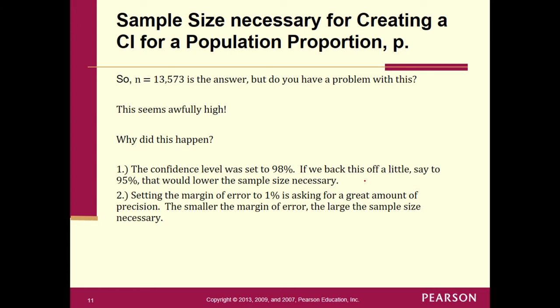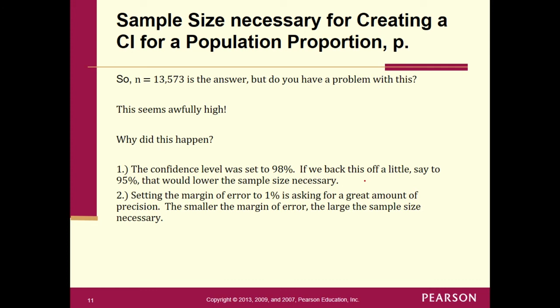You're saying that when you collect your sample and get p hat, you want p hat to be within 1% of the population proportion p, 98% of the time. Whoa, that's some precision.